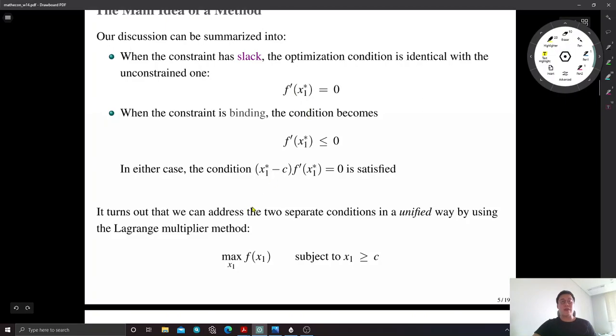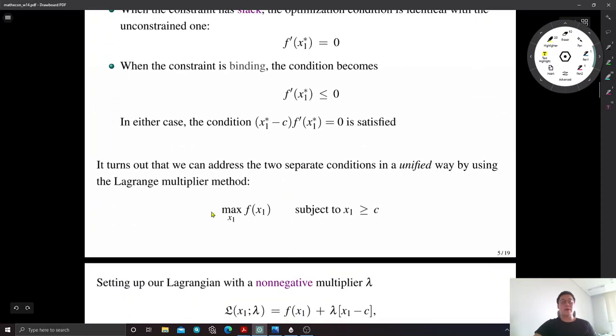Okay? And that can be done by using the Lagrangian multiplier method. Right? So it turns out that the previous method of finding a solution to optimization with equality constraint can be used to find the solution even in case of inequality constraints. Right? Now let me illustrate how to do that.